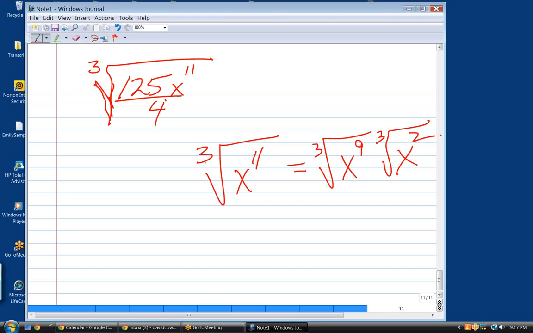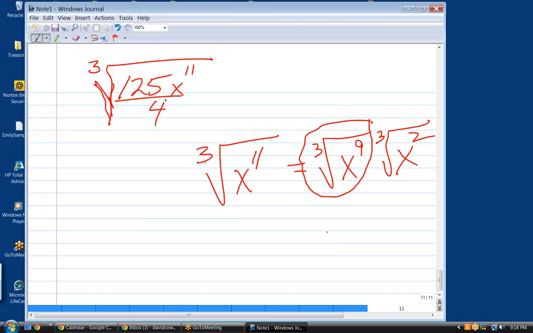And you see why we make it to the 9th? We want the biggest multiple of 3 that we can get. Just like when we were doing square roots, we wanted the biggest multiple of 2 that we could get. Biggest even number. Well, we don't want the biggest odd number. We want the biggest multiple of 3. And in this case, that's 9.